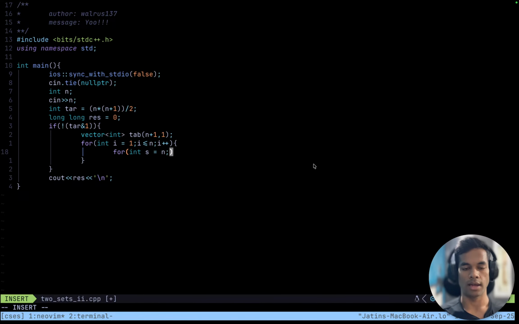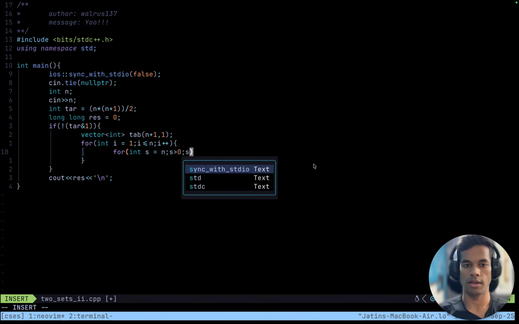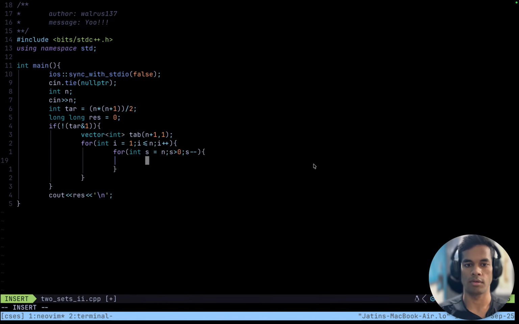Yeah, s equals n, it will start with n so that we do not use the same coin again and again. s equals n, and s lower than... is this correct? While s is greater than 0, and s minus minus.